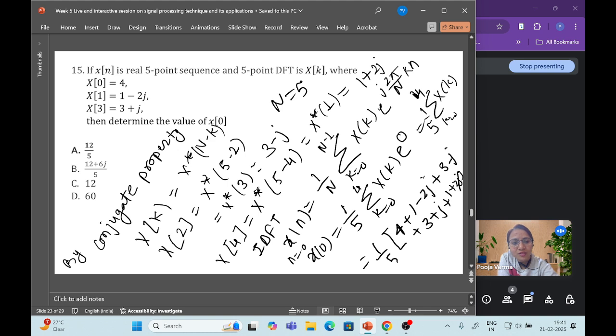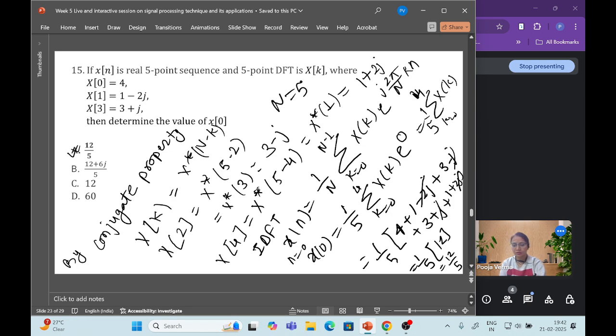So minus 2j and plus 2j will be cancelled out, and j minus j will be cancelled out. We will get 1 by 5 times: 4 plus 1 is 5, 5 plus 3 is 8, 8 plus 3 is 11, plus 1 is 12. So the final answer you will get is 12 by 5. So option A is the correct answer for this question.